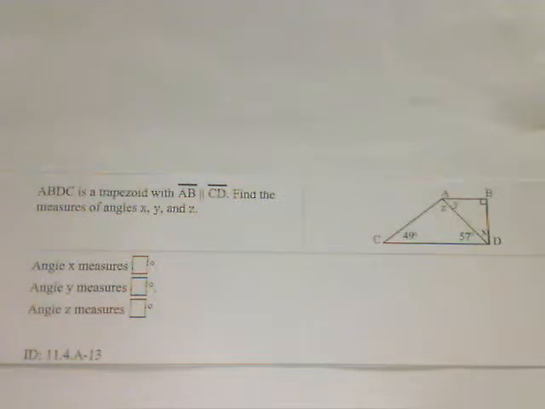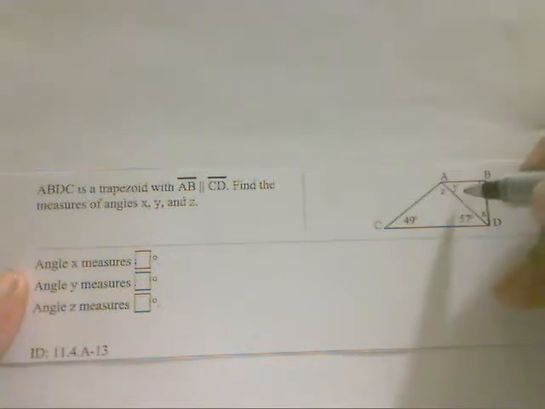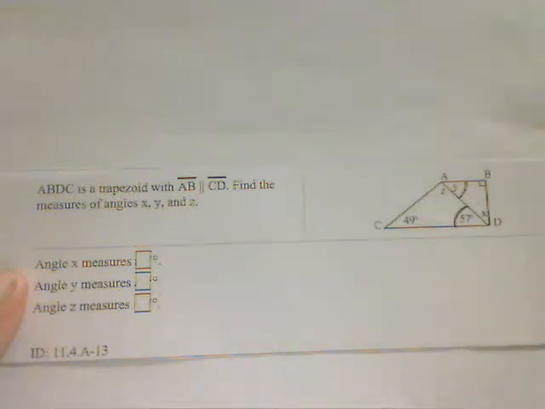Problem number 6. Here we have ABDC is a trapezoid where AB is parallel to CD. We want to find the measures of angles X, Y, and Z. Now they don't have to be done in any particular order here, but let's start off with angle Y. And then I'm going to compare that with this angle that's 57 degrees.